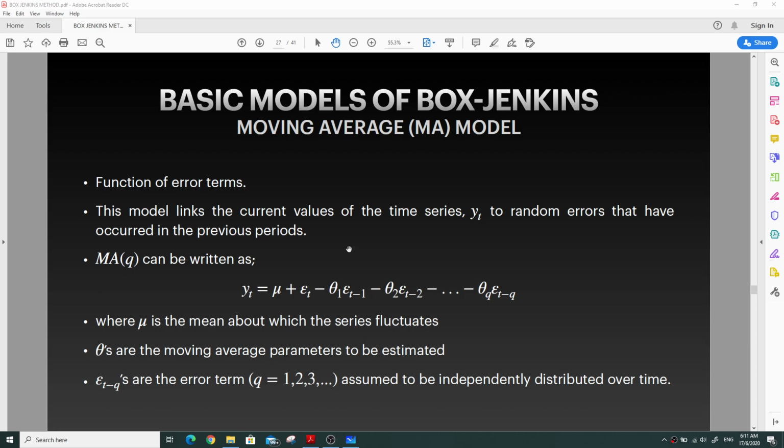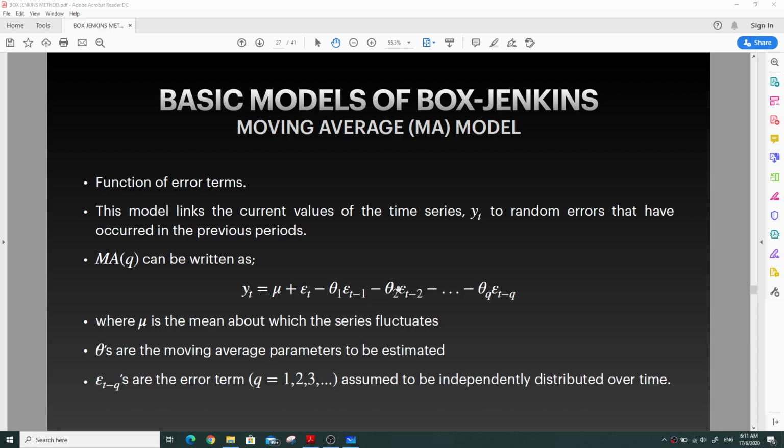When we talk about moving average in the Box-Jenkins model, this moving average is a function of error terms. Here I will use theta to represent the coefficient of our error term.